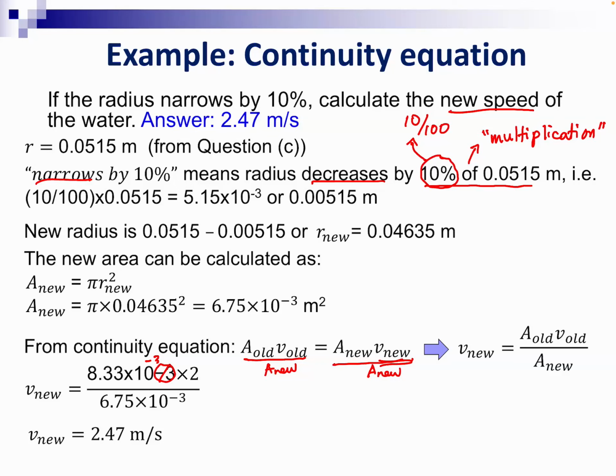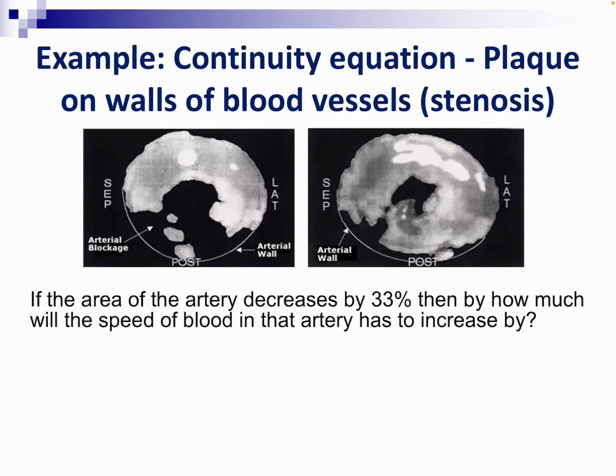Good. All right, let's look at another example, maybe a more practical one related to physiology. So stenosis, this is the narrowing of the blood vessels because of plaque buildup. So if this is a normal artery, so it's not really normal. There's still some plaque over here, but not so much.